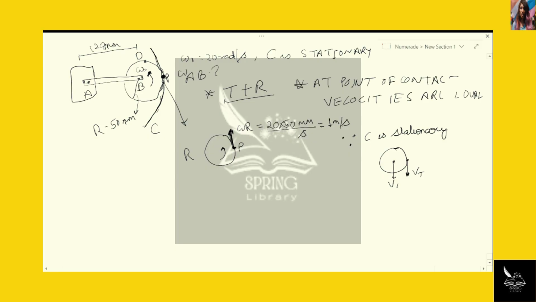Okay, so we now know that since C is stationary, Vt has to be equal to omega naught r, so this will also be 1 meter per second, which means this Vt is also 1 meter per second. Now we are required to find out the angular velocity of AB as well.